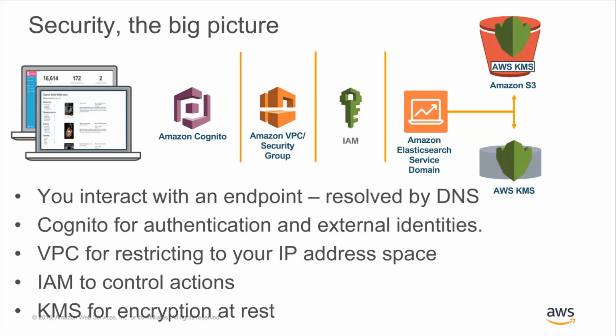And then finally, specifically for Kibana, you can use Amazon Cognito to create a sign-in experience for Kibana where your users can authenticate, and then you'll apply a policy via Cognito to those authenticated users that can control how they access the endpoint. And a final feature that we offer in the security realm is KMS for encryption at rest.